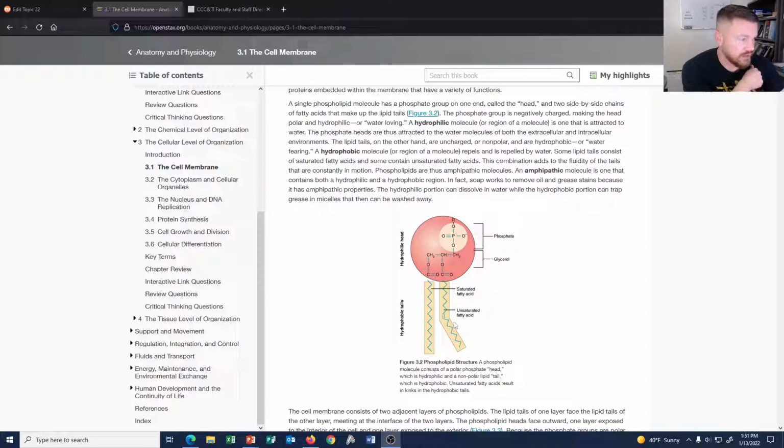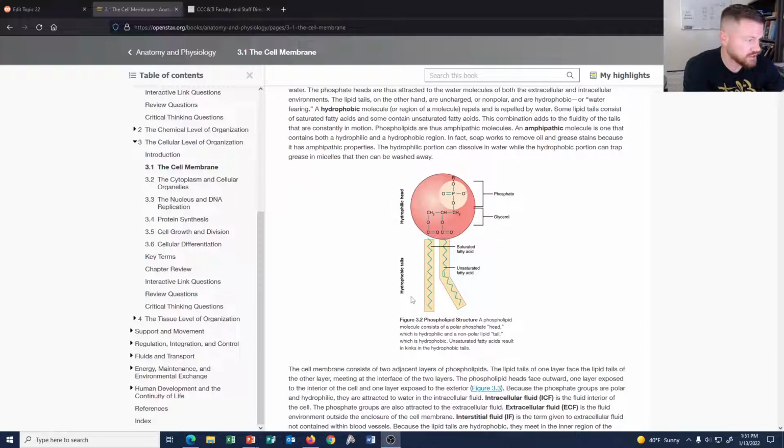One of them may be unsaturated, so you get a kink in the structure. But it has these two fatty acid tails with a phosphate group at the top, so phospholipids. That's where they get their name. You'll notice here that it mentions a hydrophobic tail and a hydrophilic head. Hydrophobic things are afraid of water. Hydrophilic things love water.